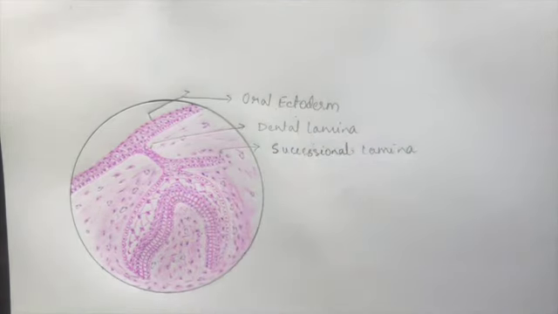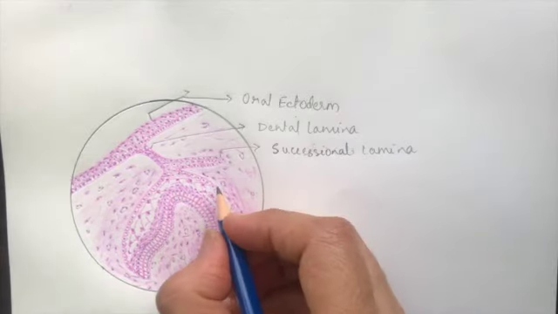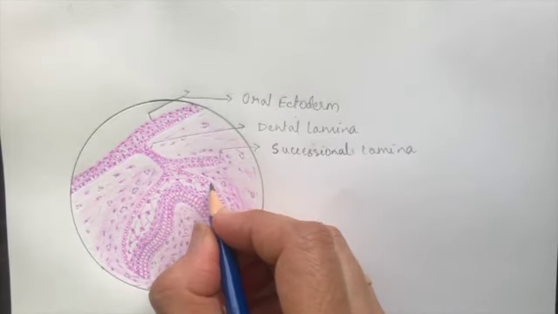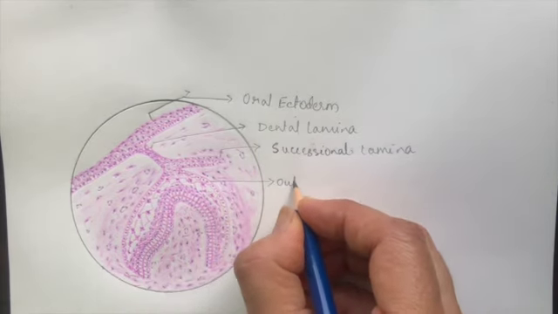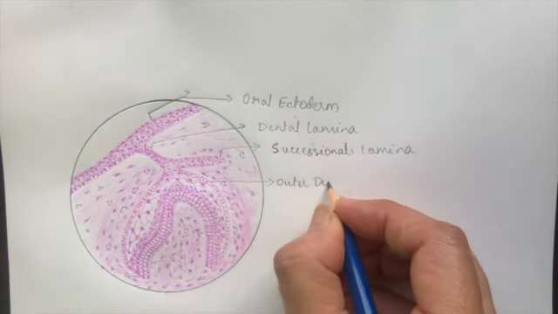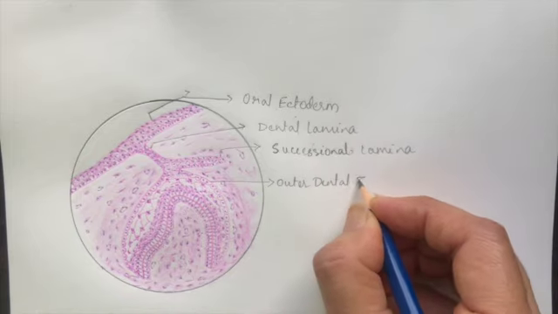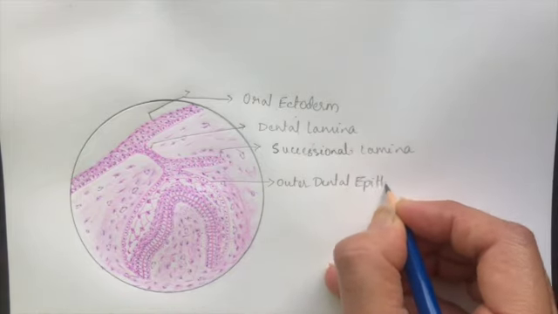From which the successional teeth come. And here is the dental organ parts. Here is the outer dental epithelial cells, that is epithelium.